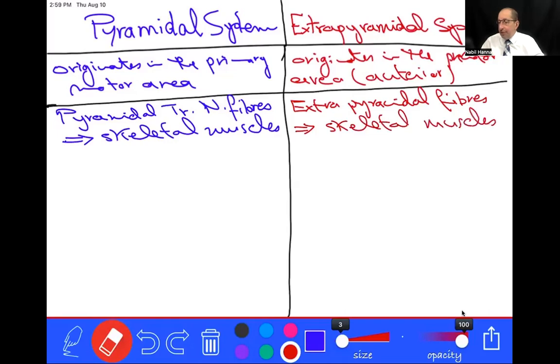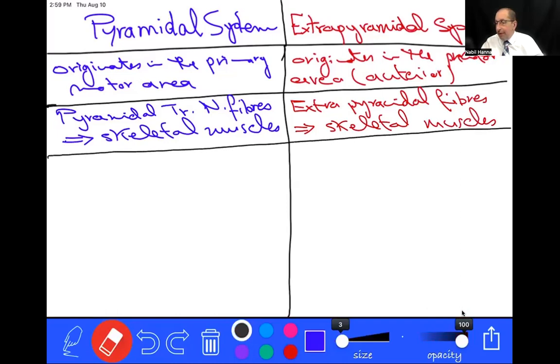the same muscles. So each muscle, the nerve supply of each muscle, carries orders and information coming from two centers. One is coming from the pyramidal system, from the primary motor area, which is a voluntary message.